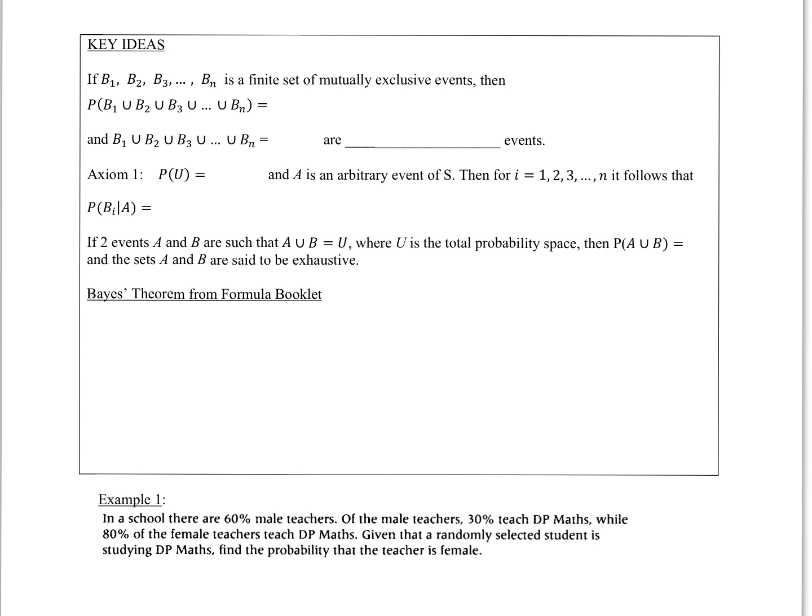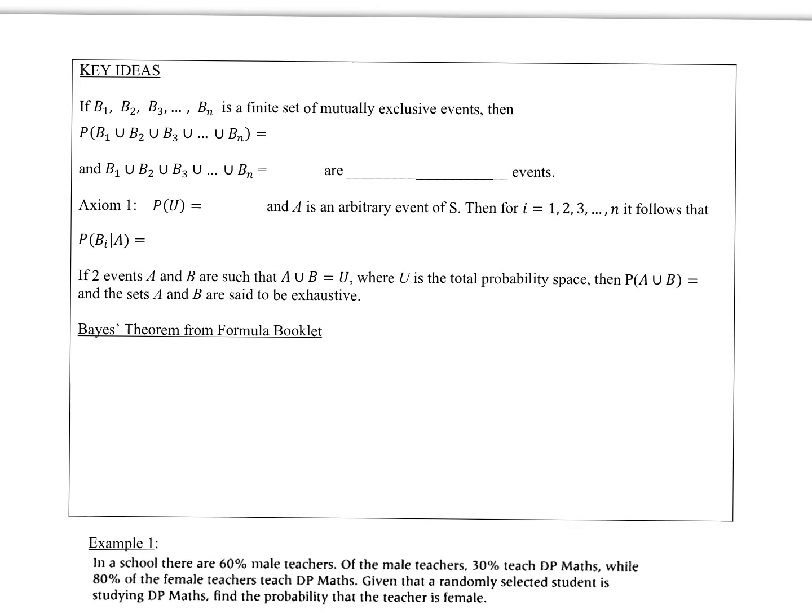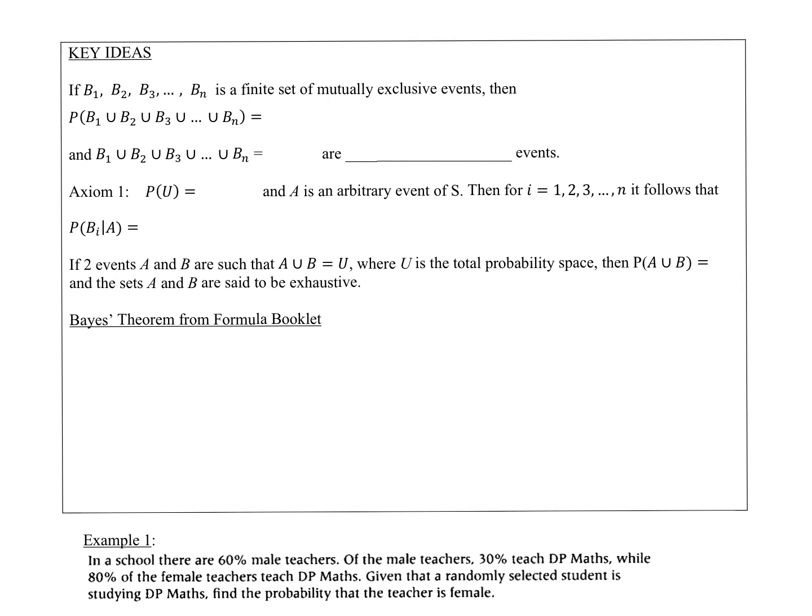So the key idea is: if B sub 1, B sub 2, B sub 3, all the way to B sub n is a finite set of mutually exclusive events, then the probability of B sub 1 union B sub 2 union B sub 3, and so on, union B sub n will be equal to probability of B sub 1 plus probability of B sub 2 plus probability of B sub 3 plus and so on, plus probability of B sub n.